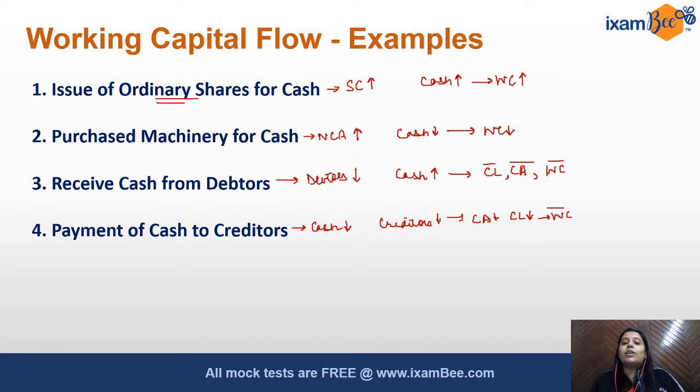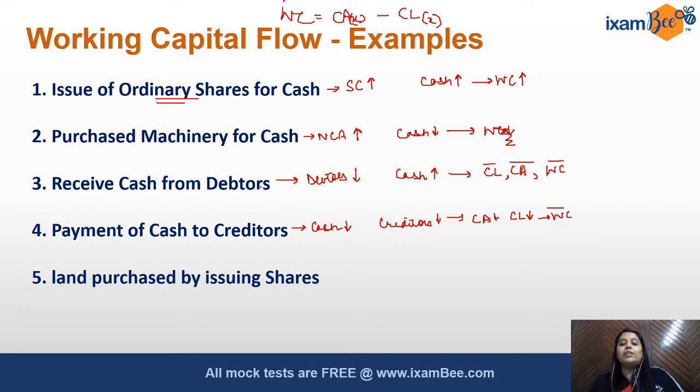Because the formula for working capital, as you all know, is current assets minus current liabilities, and both are reducing by X amount, the net working capital will remain the same. The composition of working capital will change, but the net working capital will remain the same.